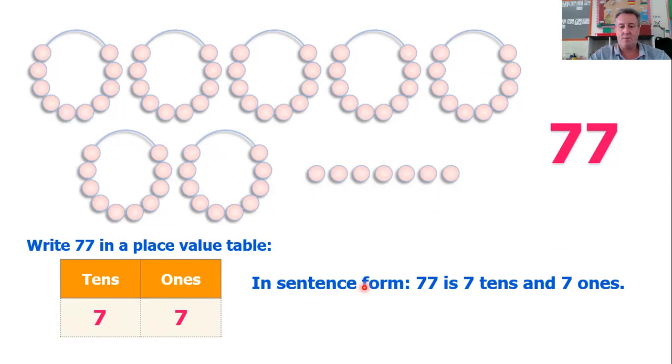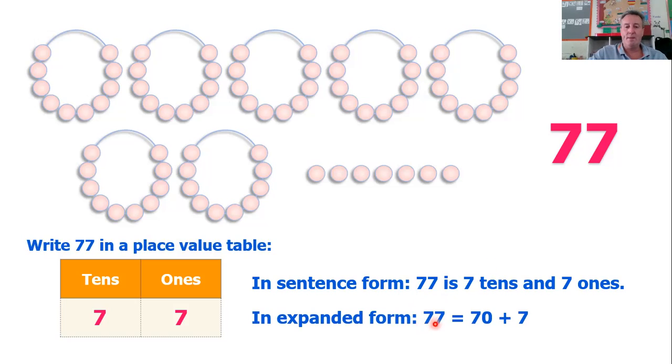In the sentence form, 77 is 7 tens and 7 ones. Okay, so that's how we get it.